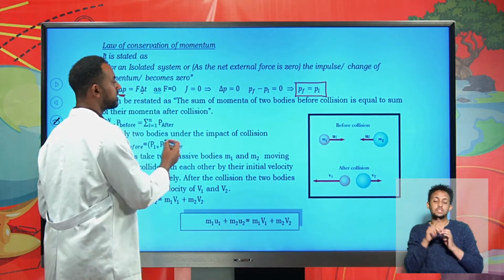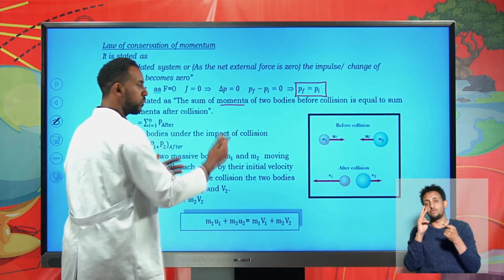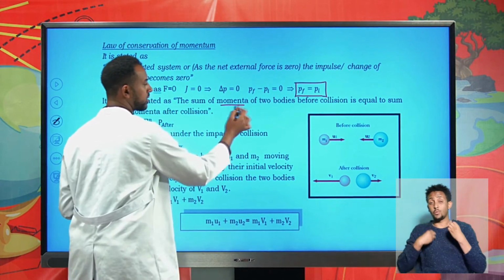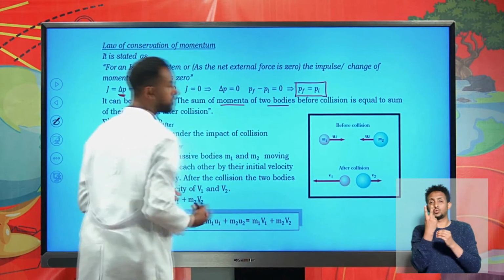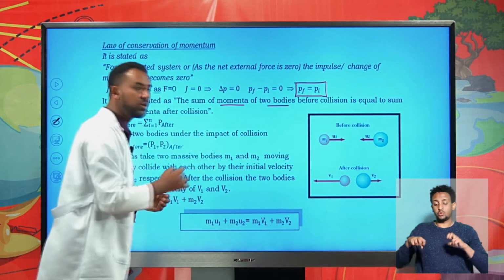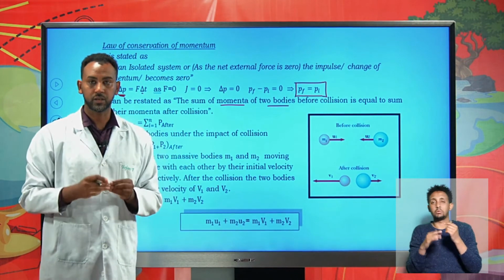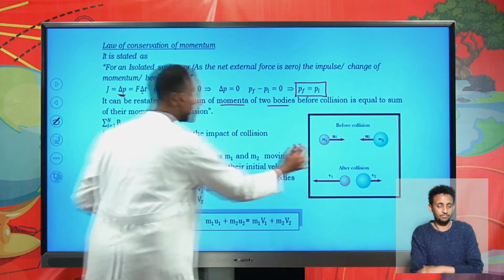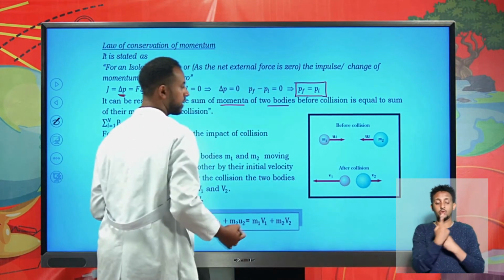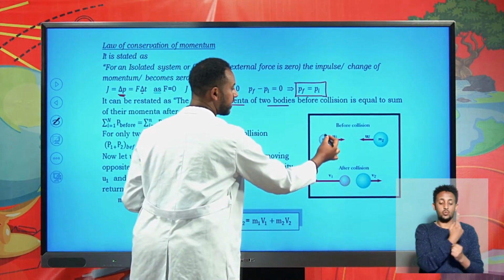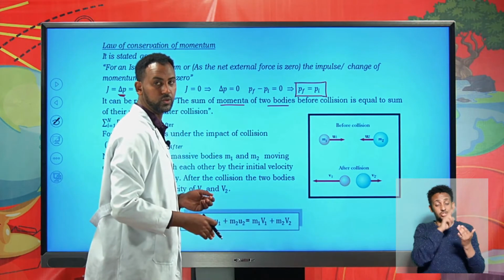It can be restated that the sum of momenta of different objects, the plural of momentum, before collision is equal to the sum of momenta after collision. Let's take two bodies. Here we have mass 1 and mass 2. Mass 1 has initial velocity u1. Let's say that it's moving with its initial velocity u1.